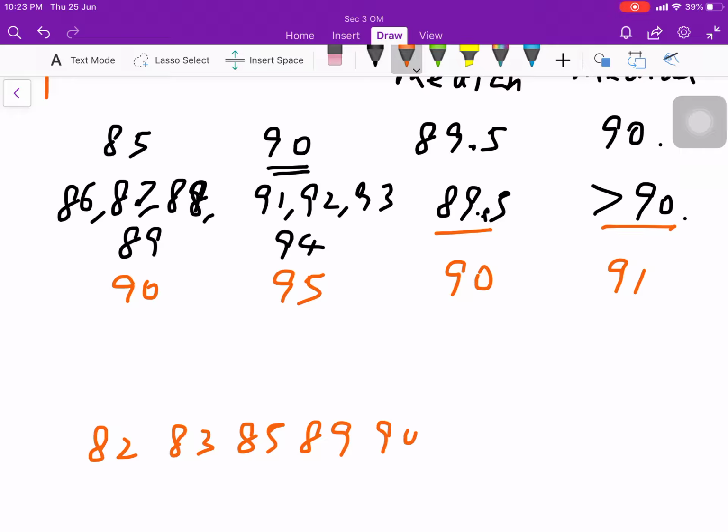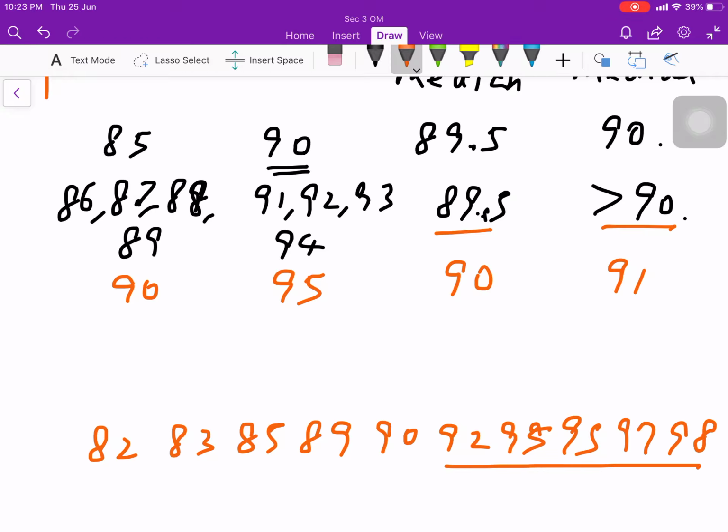And then this is 90, 92, 95, and then plus another 95, plus another 97, and then 98. Okay, so there are 5 numbers here, and there are 5 numbers here, right? Therefore, what is the median? The median will be 91. Therefore, this is the one. But again, this is a violation, right? Because the median doesn't increase by 0.5. It increases by more than 0.5, right?